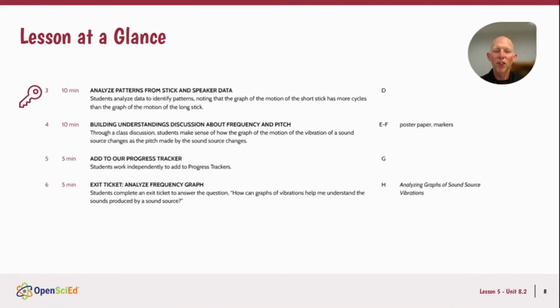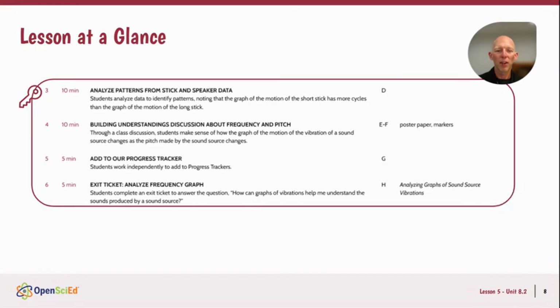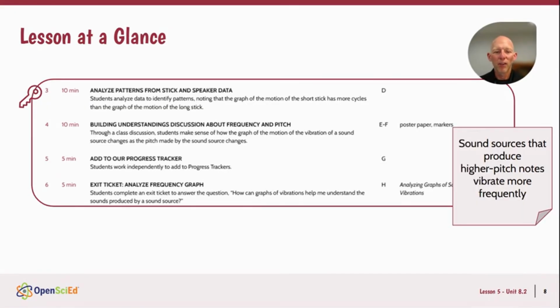The second chunk of the lesson, we're analyzing that data first individually, then we're sharing out as a class and adding what we figured out to our progress tracker. And what we're figuring out is that sound sources that produce higher pitch notes are vibrating more frequently. And sound sources that produce lower pitch notes are vibrating less frequently.